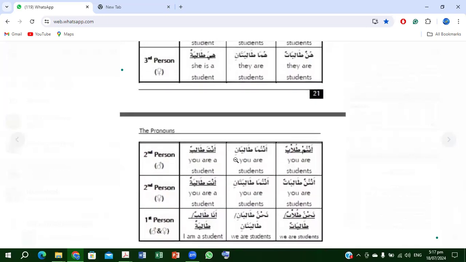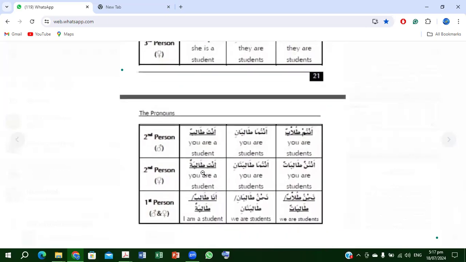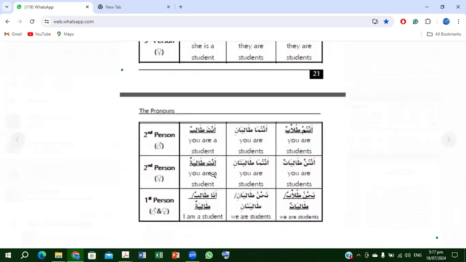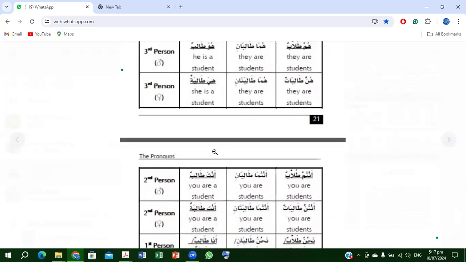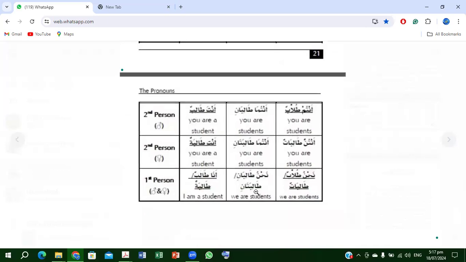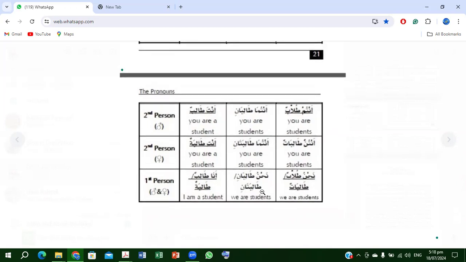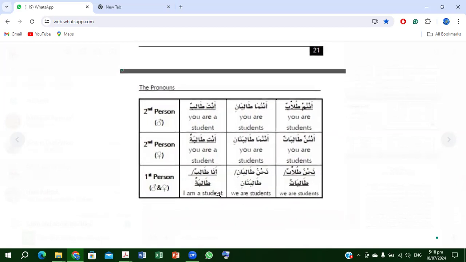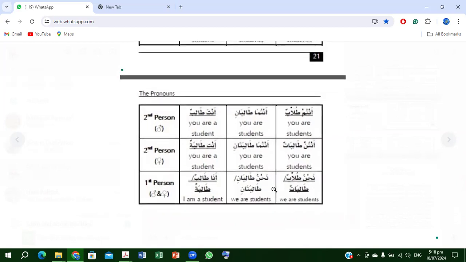Why 3? Because for singular, dual, plural, they will be different. So total now 6 for third person, 6 for second person, and for first person it's exactly the same. Nahnu only. So there are two, one for singular and one for plural. So 2 more.